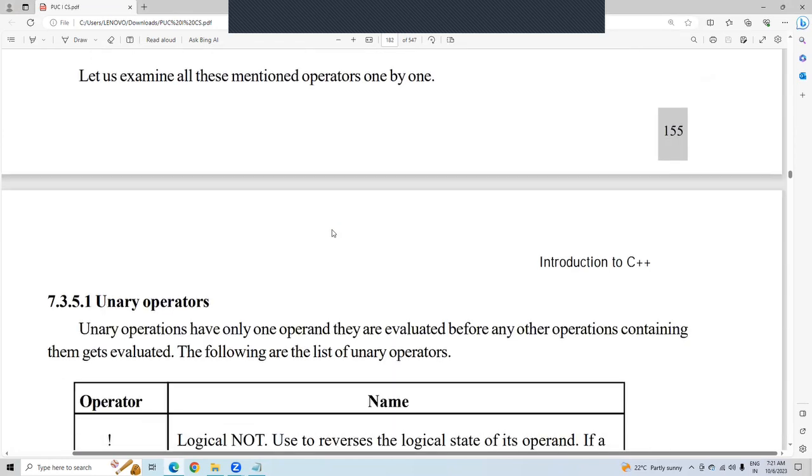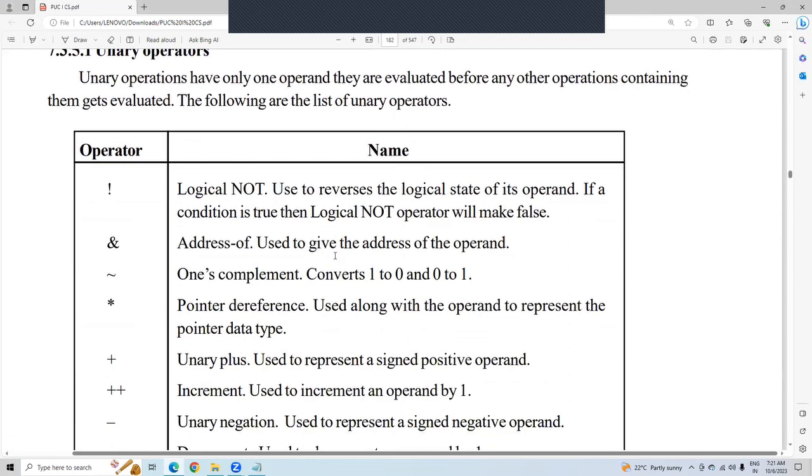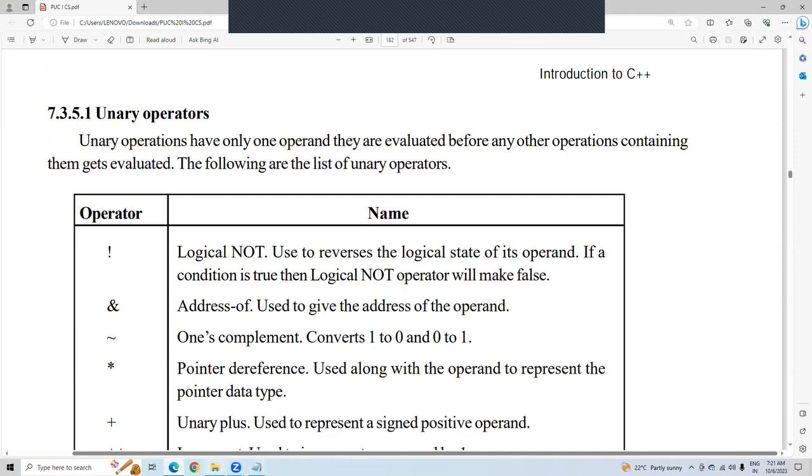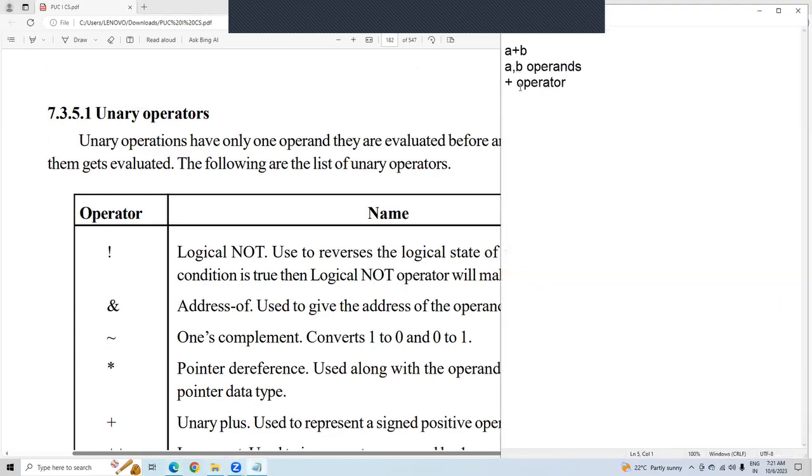So here, now category wise, we'll see unary operator in the sense. In A plus B, you saw that the plus sign takes two operands. So we have three categories of operators based on how many operands will be taken by every operator: unary operator, binary operator, ternary operator.